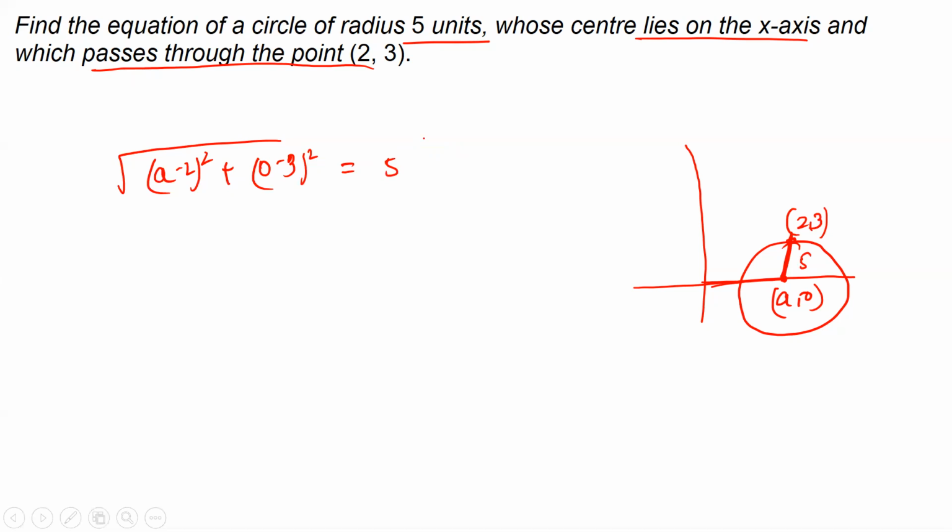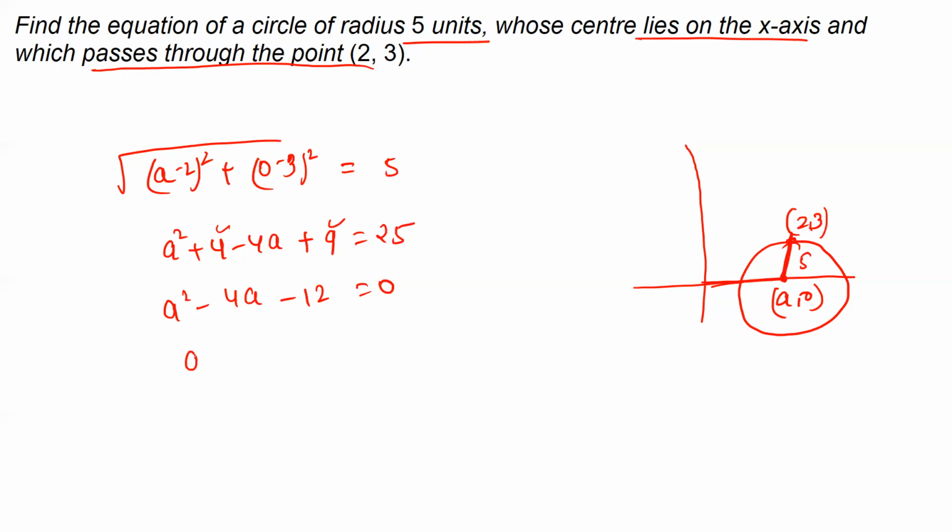Okay, so we square both the sides and alongside we also open up the squares. a squared plus 4 minus 4a plus 9 is equal to 25. Let's bring everything on one side. a squared minus 4a, 9 plus 4 is 13. 13 minus 25 is minus 12, is equal to 0.